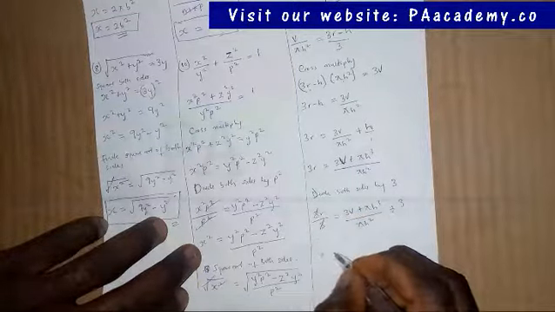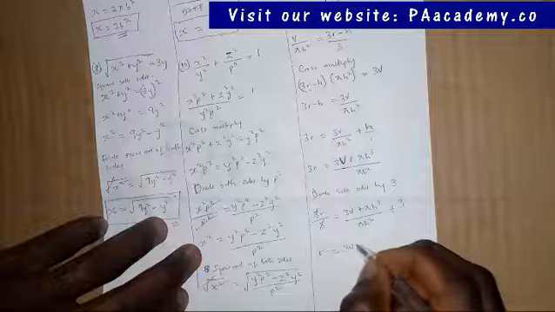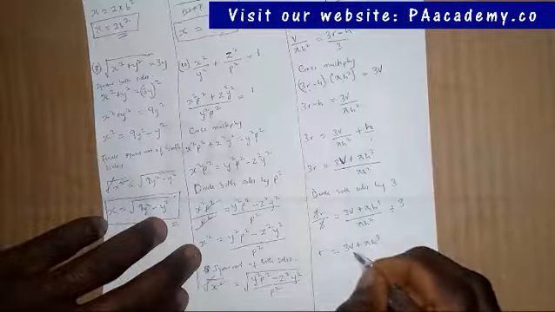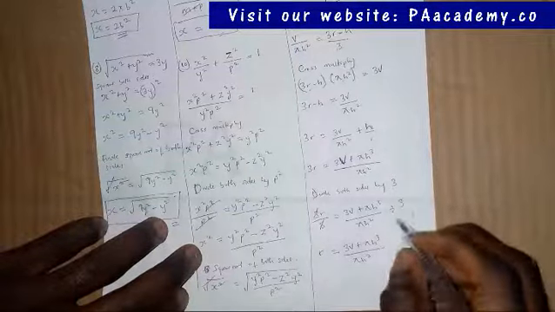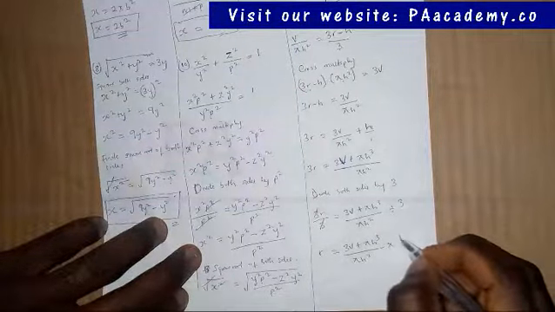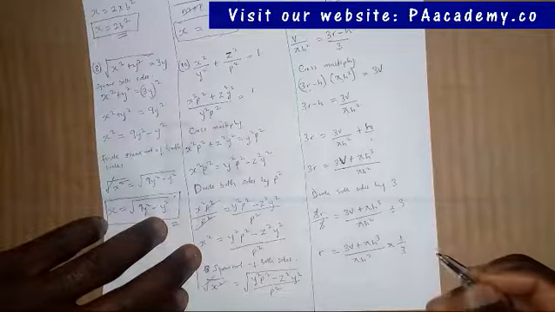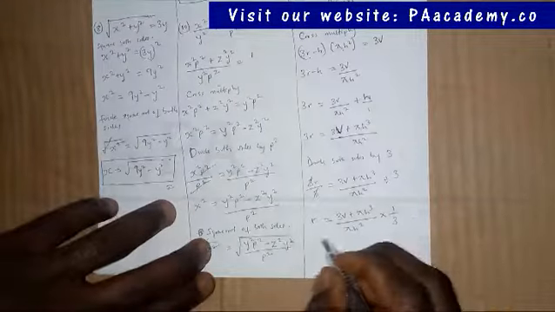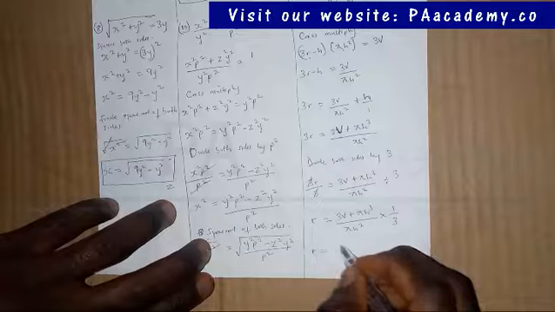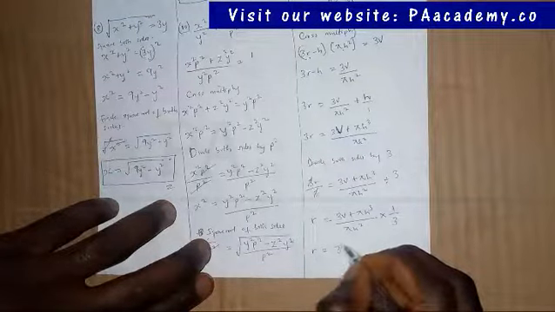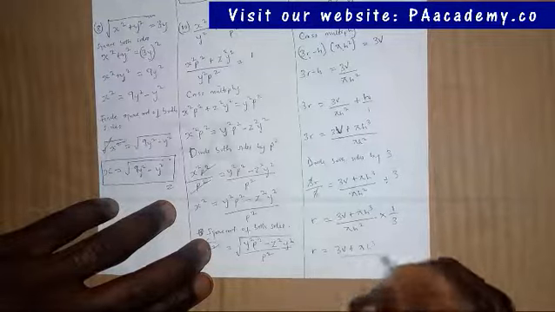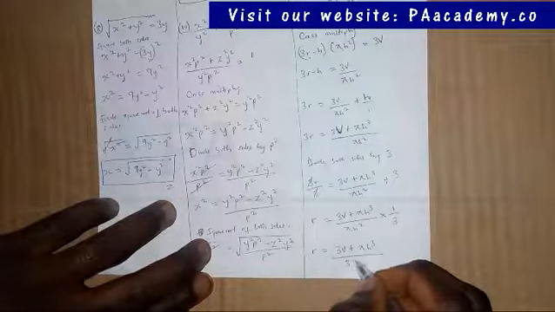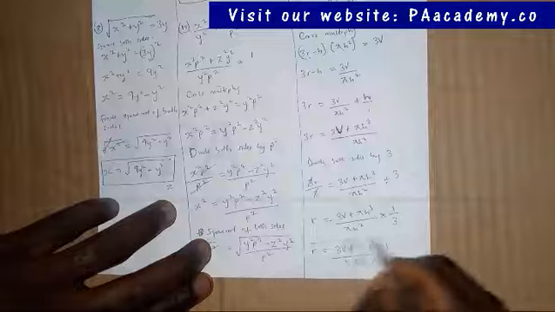So that means our r will give us (3v plus pi h cubed) divided by pi h squared. Then this divided by 3 is the same thing as times 1 over 3. Are we good? So that means we will have r equals (3v plus pi h cubed) divided by 3 pi h squared. And this will be our answer.